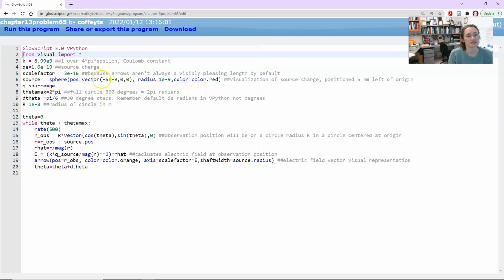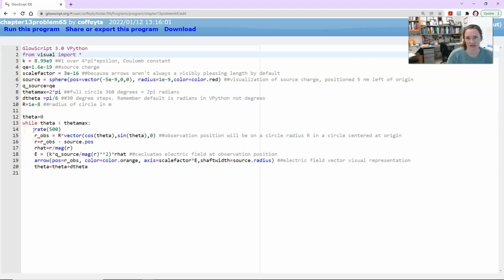So this is 5 nanometers to the left of the origin. I made the radius of my charge 1 nanometer. Of course, protons are really much smaller than that, but okay, let's go with it. And I made it red. Then I said that my source charge was equal to QE. I do this later in case you want to switch out, go through your source charge, iterate it. Maybe you're going through a lot of sources, but anyway, there's that defined.